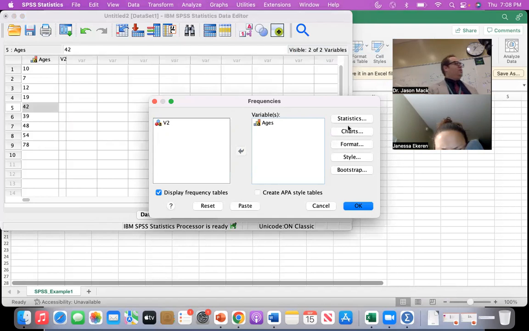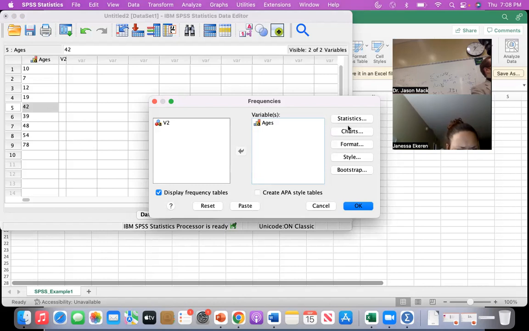So we go to Analyze, Descriptive Statistics, Frequencies. You can do Descriptives or Frequencies, either one would work.